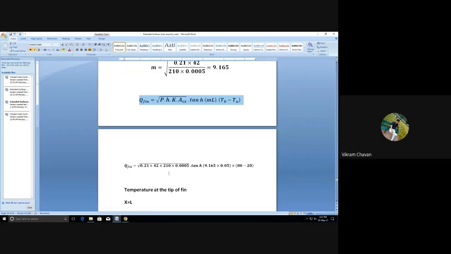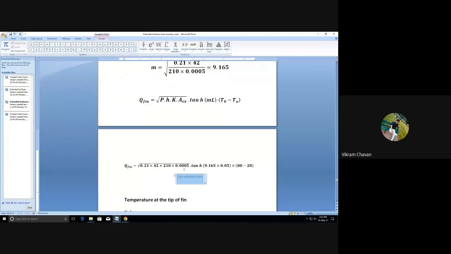So put all the values in the equation and you will get Q fin equal to 24.75 watt.